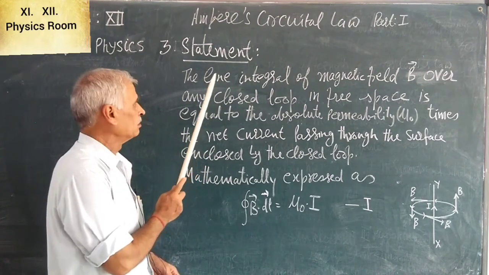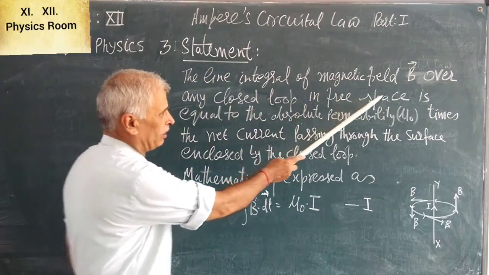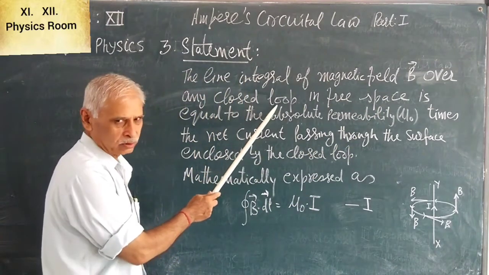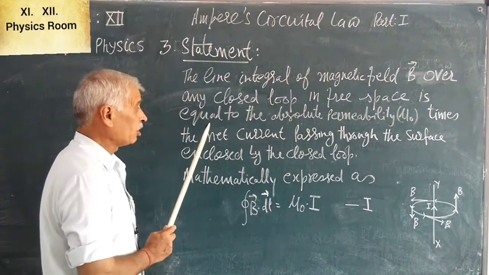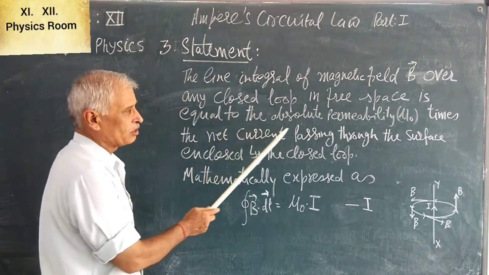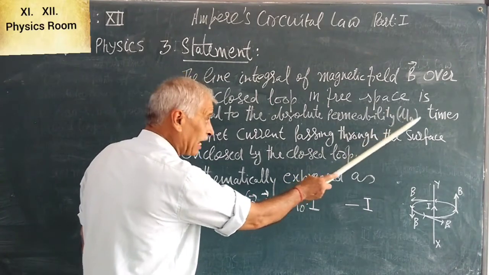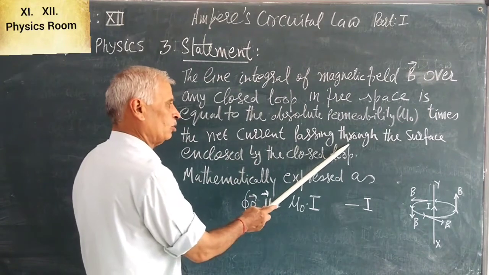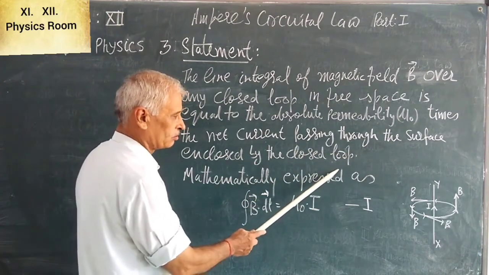It states that the line integral of magnetic field B over any closed loop in free space is equal to the absolute permeability mu0 times the net current passing through the surface enclosed by the closed loop.